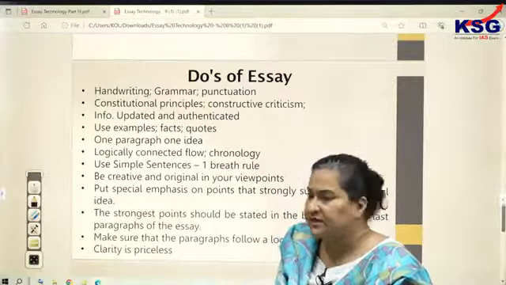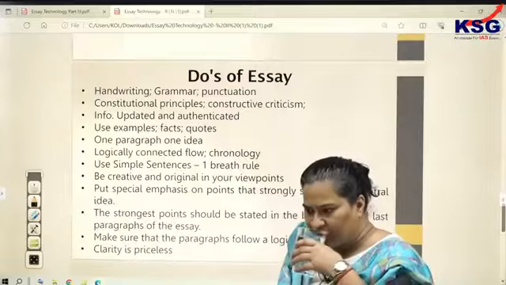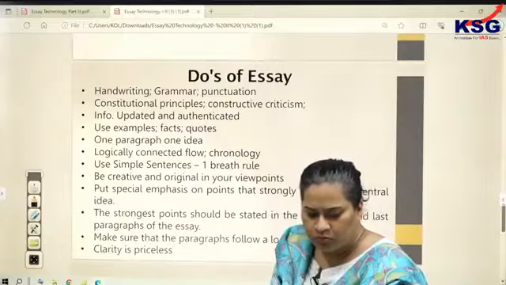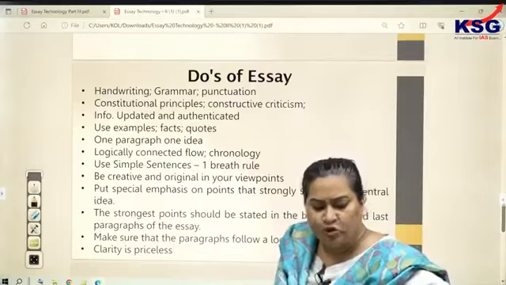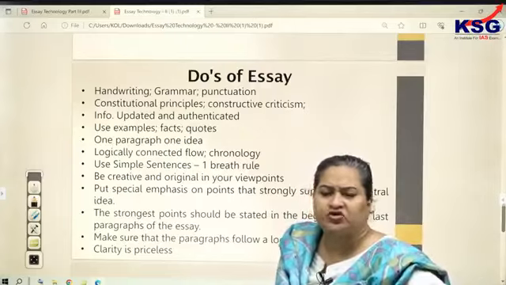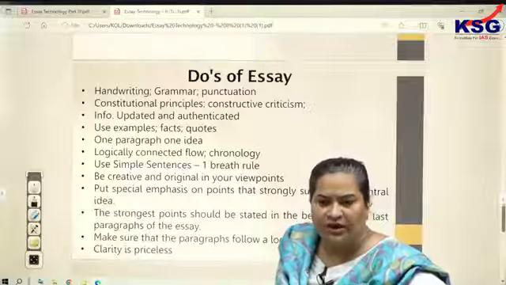That's what it implies. It also implies that there is no mismanagement. Too long paragraphs do not engage, they do not look interesting.